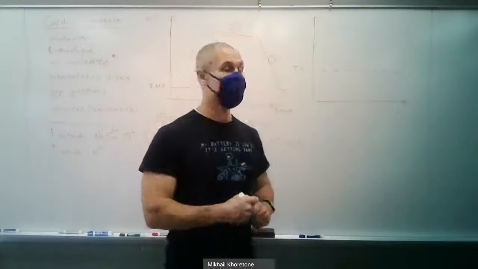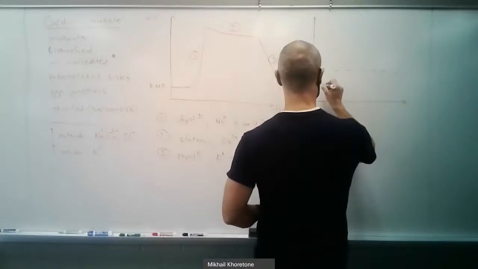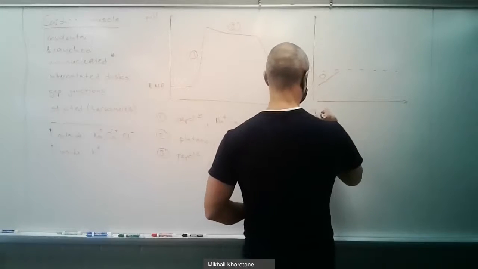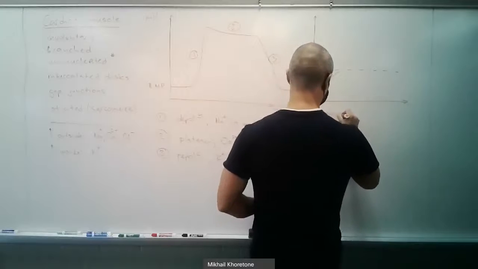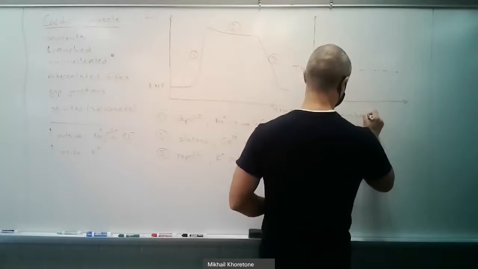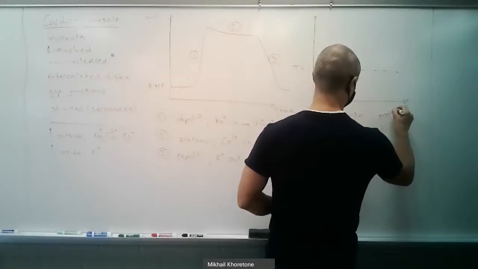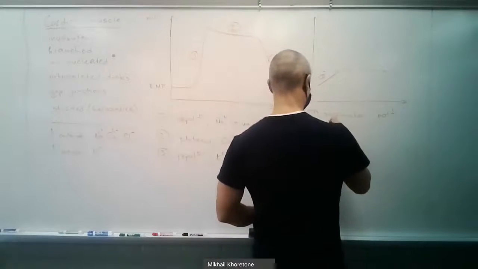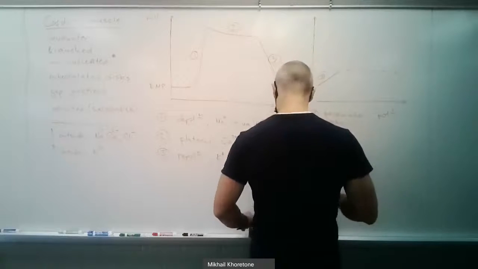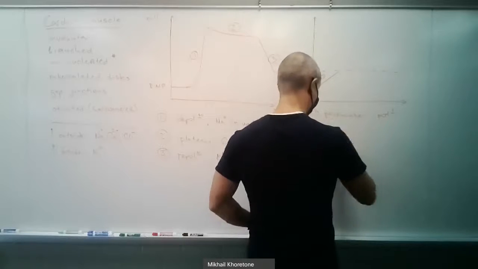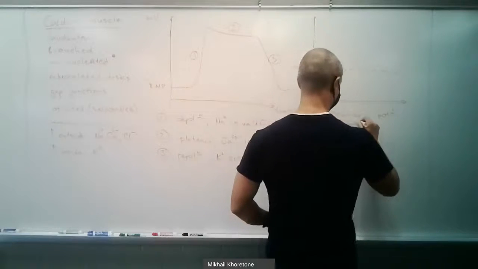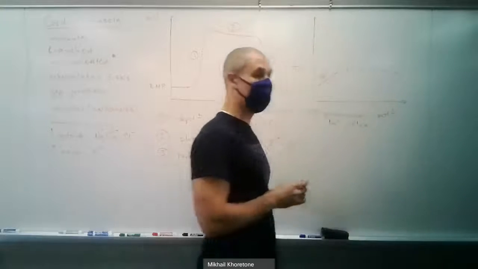So in a typical pacemaker cell, the contraction starts with a pacemaker potential, which is due to the slow sodium influx through the leaky channels.